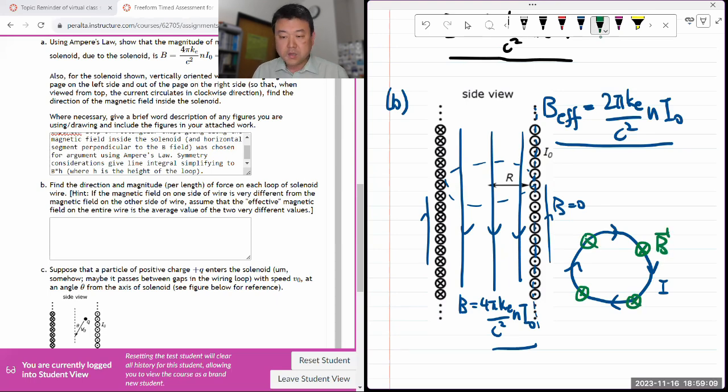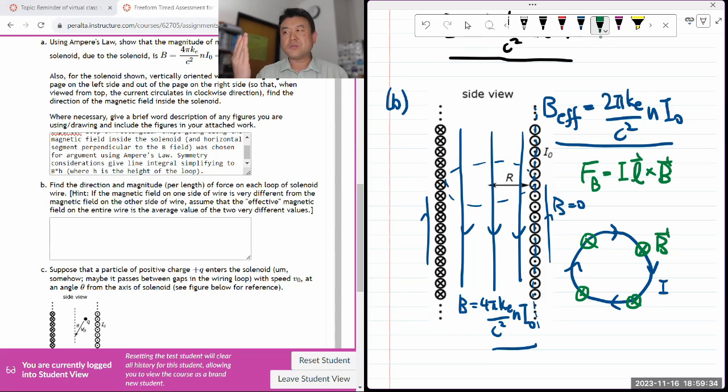So I can do the magnetic force on a current carrying wire is the amount of current times the L as the vector cross with the B. So I can do IL cross B. So let me do it on this side, the left hand side. Current is going up.